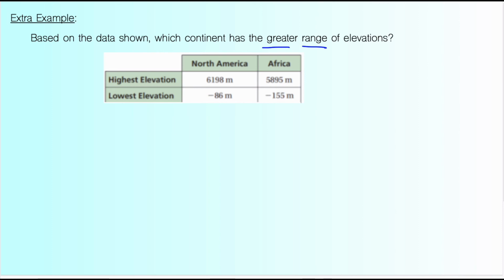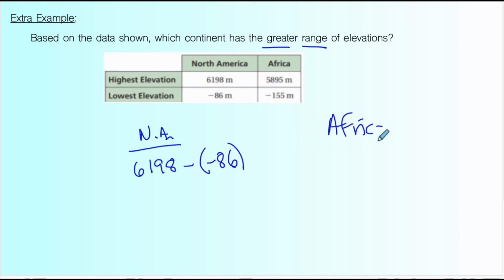So let's set that up. The difference for North America, that would be 6,198 minus negative 86. Biggest number minus the smallest number. And then for Africa, that would be 5,895 minus negative 155.